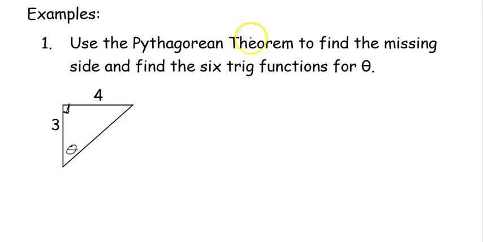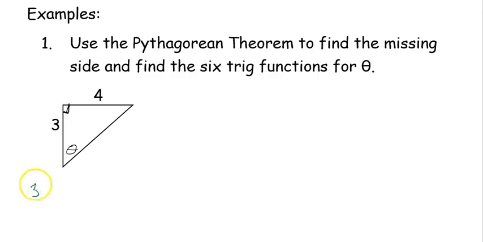We're going to use the Pythagorean theorem to find the missing sides and then get the 6 trig functions for angle theta. So again, it's a right triangle, and I'm missing the hypotenuse. It's the side across from the right angle, and I'm just going to do a quick Pythagorean theorem. My other two sides, my A and my B, are 3 and 4.